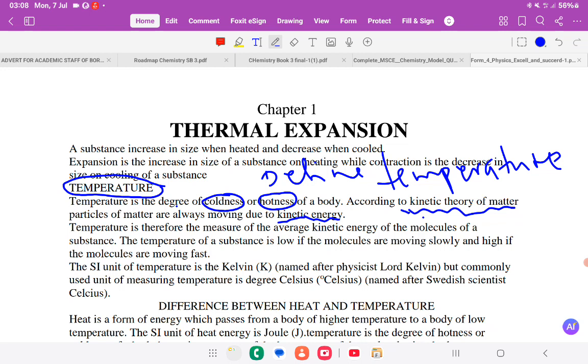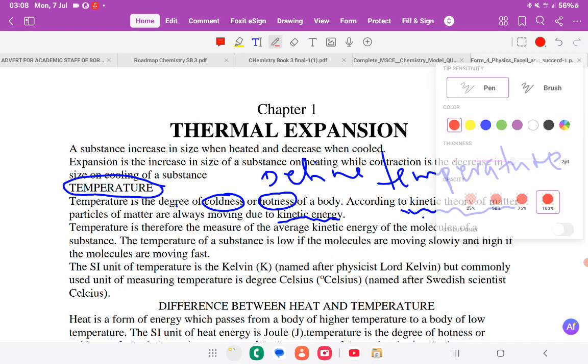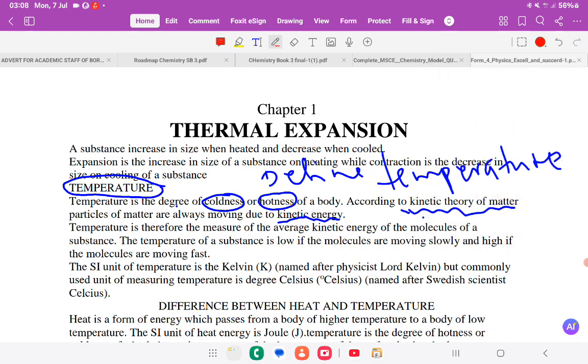So, in relation to the kinetic theory of matter, we can define temperature as simply a measure of the kinetic energy of the molecules of a substance. You learned that when the temperature of a substance increases, the particles in the substance tend to move at higher speeds.